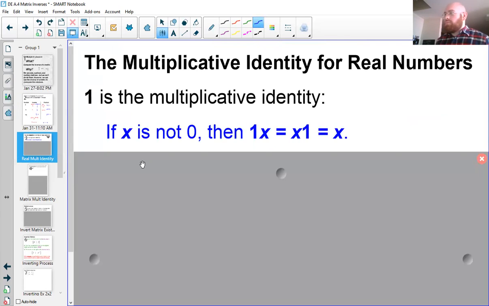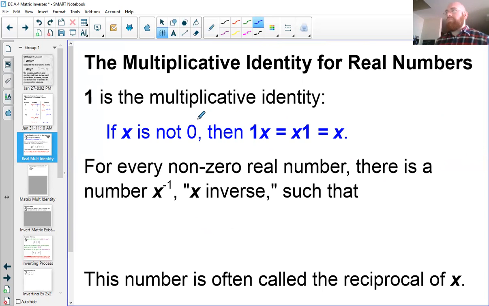So to summarize what this all means, 1 is the multiplicative identity for real numbers. So if x is not 0, then 1 times x equals x times 1 is equal to x. So for every non-zero real number, there is a number that we call x inverse.